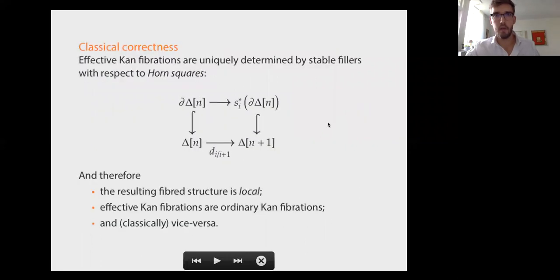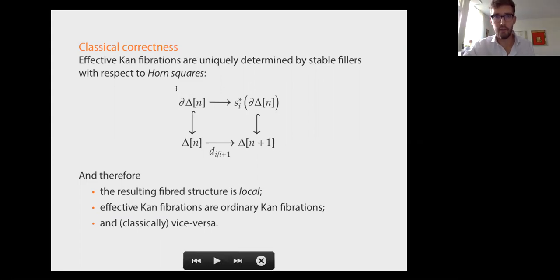Right. And then once we verified everything in simplicial sets, we can look at what things actually boil down to. And it turns out that the mould squares, so the effective fibrations in simplicial sets, which we now call effective Kan fibrations, are uniquely determined by a subclass of mould squares that we call horn squares.